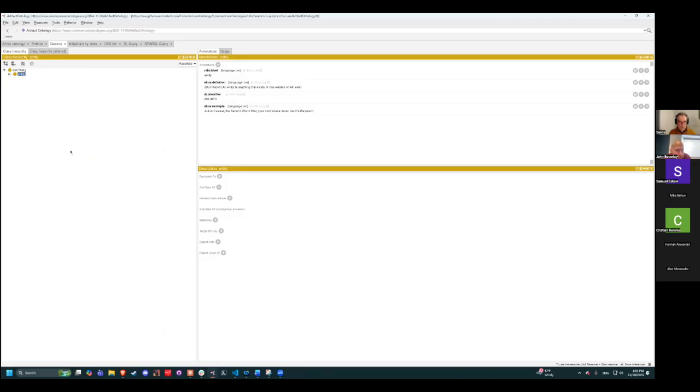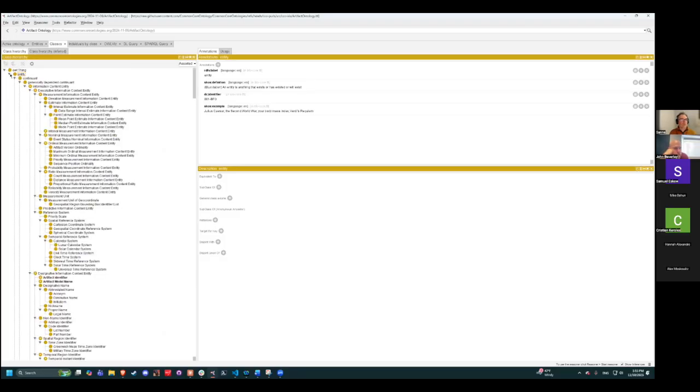On a Mac, if I hold Option and then click it, everything opens up, the whole hierarchy. I think it might be one of those keys down there. All right, it's Alt. There we go.